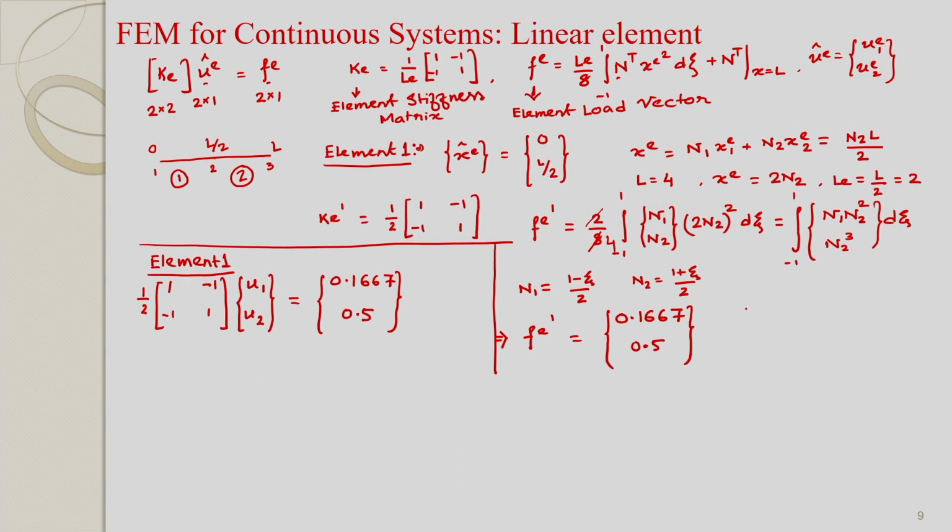If you recall Gaussian quadrature, for any integration between -1 to 1, we have to calculate the integrand at Gauss point xi I, and we have to multiply it with the respective weight, and there will be summation of this f xi I w I for n number of Gauss points.